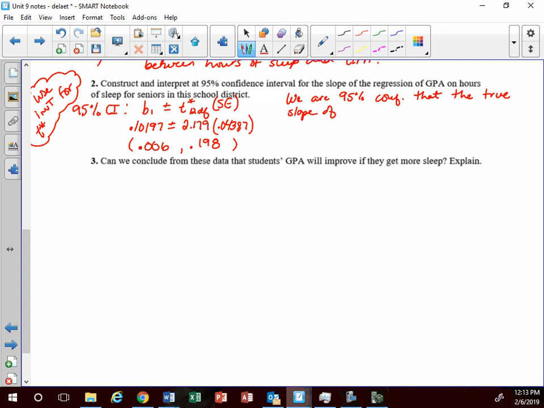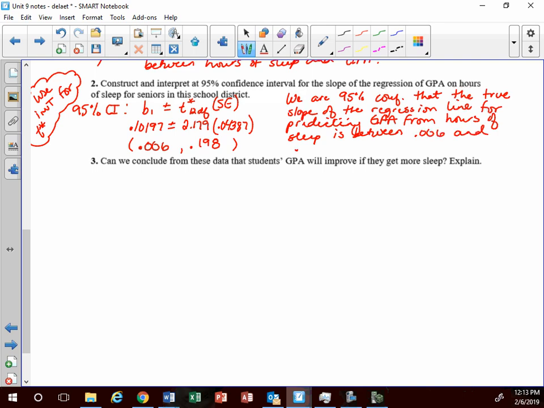Slope of the regression line predicting GPA. Yes, for predicting GPA from hours of sleep is between 0.006 and 0.198.